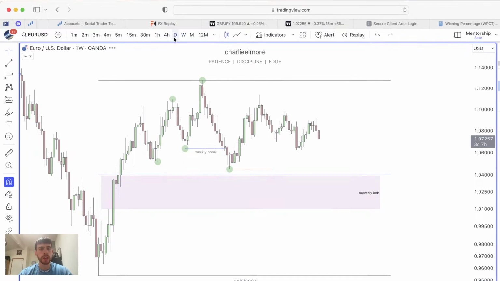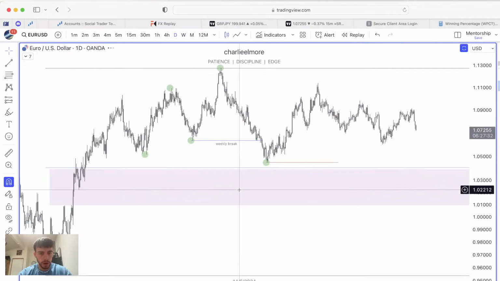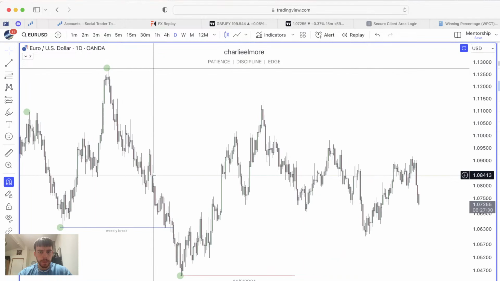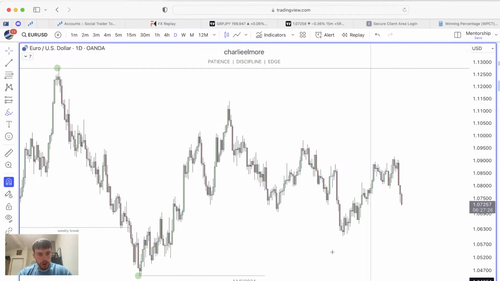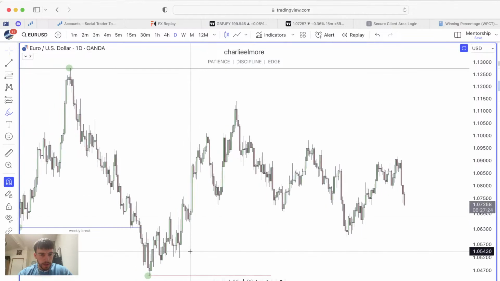If we go to the daily time frame, we can see a similar thing unfolding on the daily. Very, very easy to see.